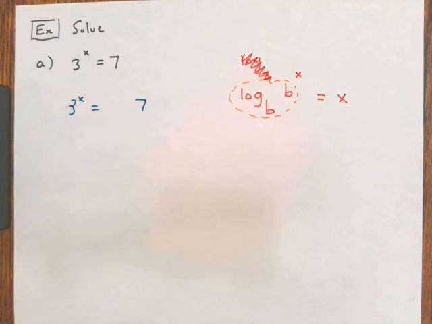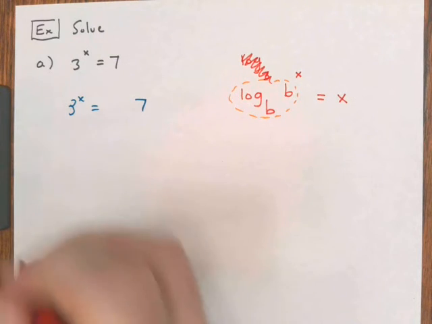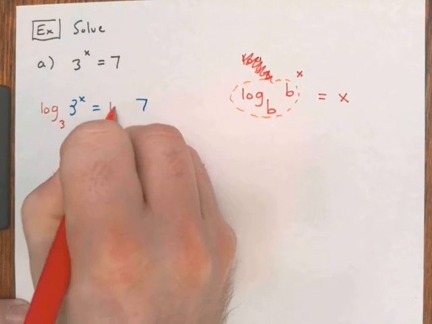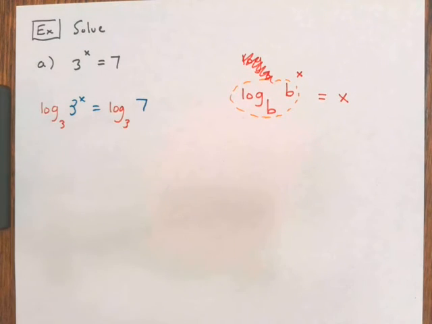And what I'm going to do on both sides of the equal sign is take a log base 3. Logs are operations, so you can do the same operation on both sides of the equal sign, that's fine. So I'm going to take log base 3 on both sides of the equal sign.